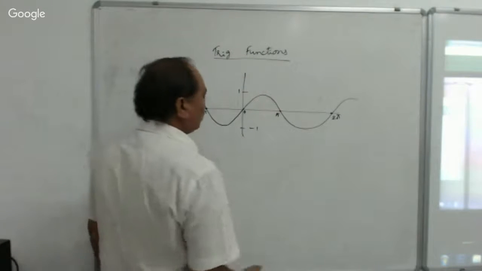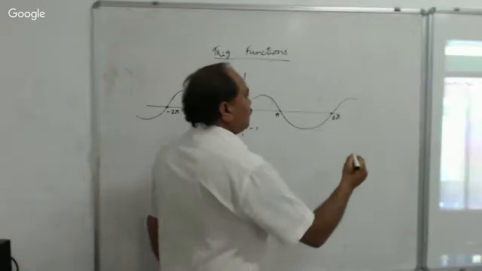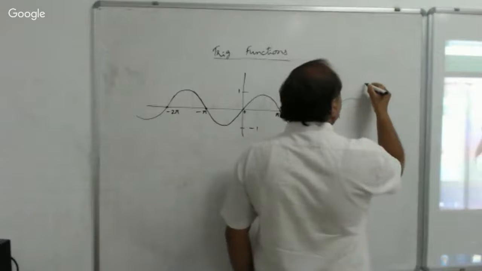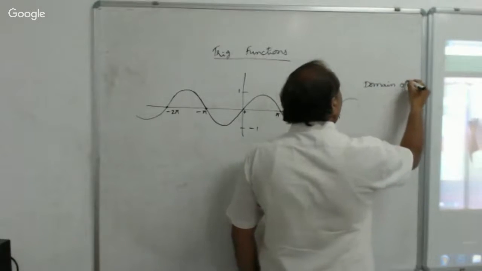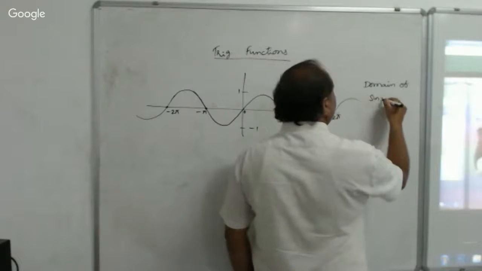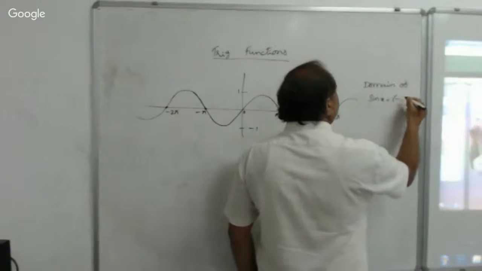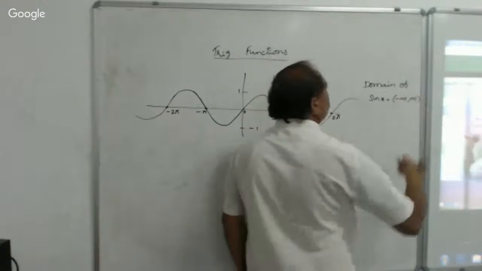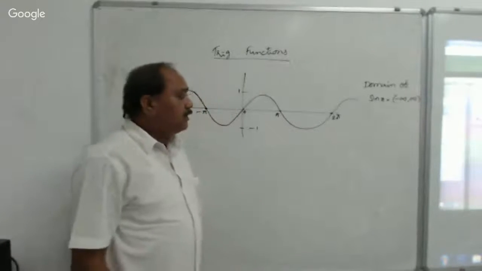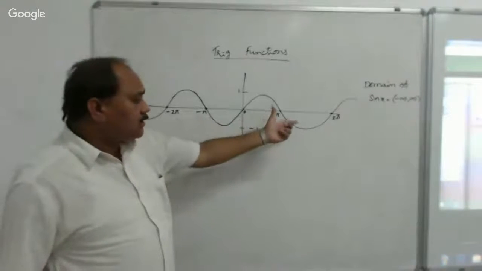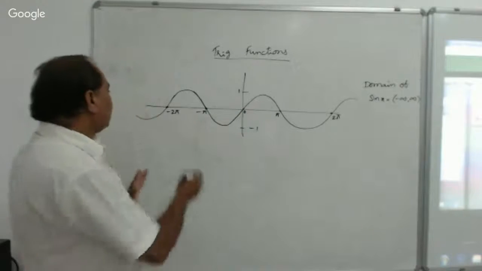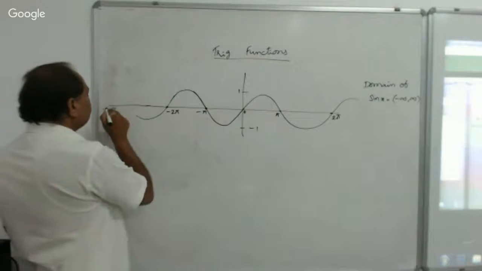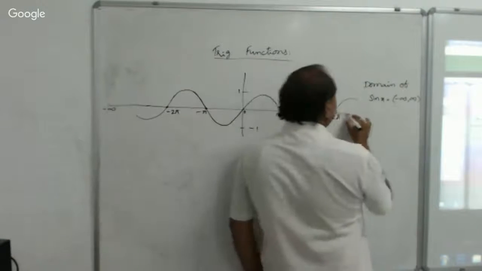Similarly, here the domain of sin x is minus infinity to plus infinity. Domain is nothing but where the graph exists on the x-axis, from minus infinity to plus infinity.